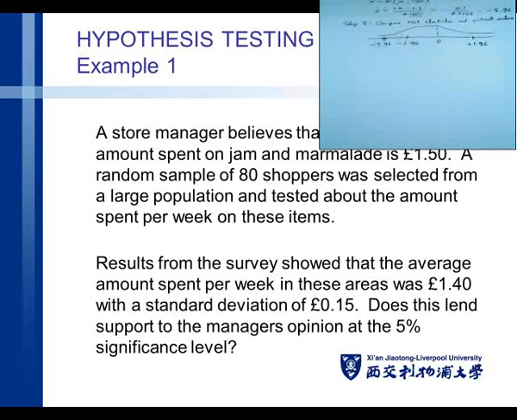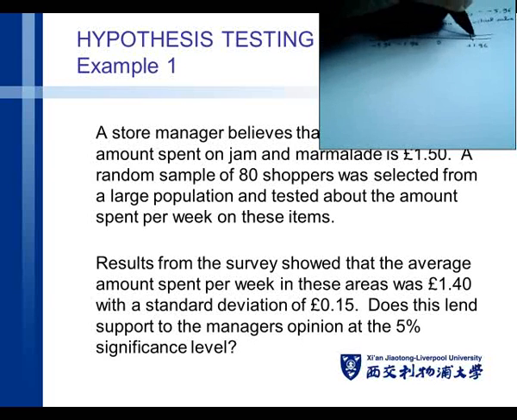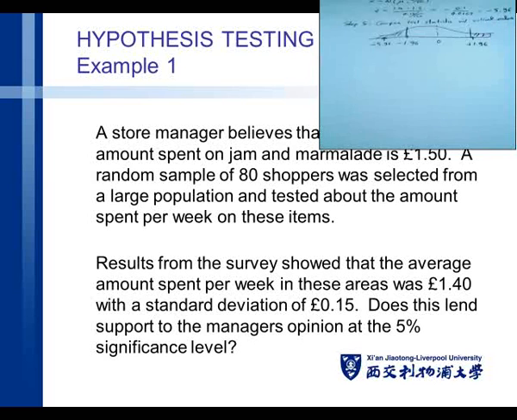So based on this, who says reject? Very good. Who says do not reject? Reject, okay? Because it falls in this area. Whenever it falls in this area, you reject.